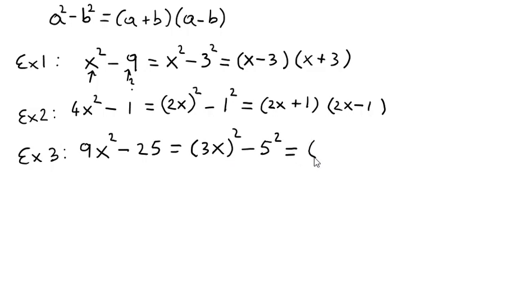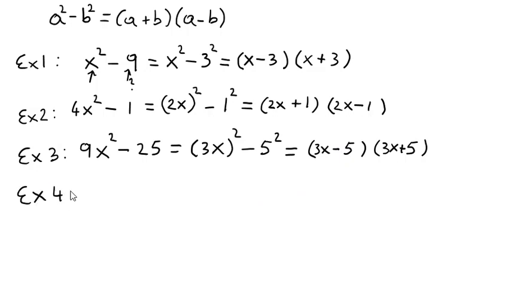So therefore, opening parentheses. In this case, 3x is a, so I'm going to write down 3x, and I see b is 5. And then I'm going to use just plus and minus, opposite signs. And that's it. Let's do one more example.